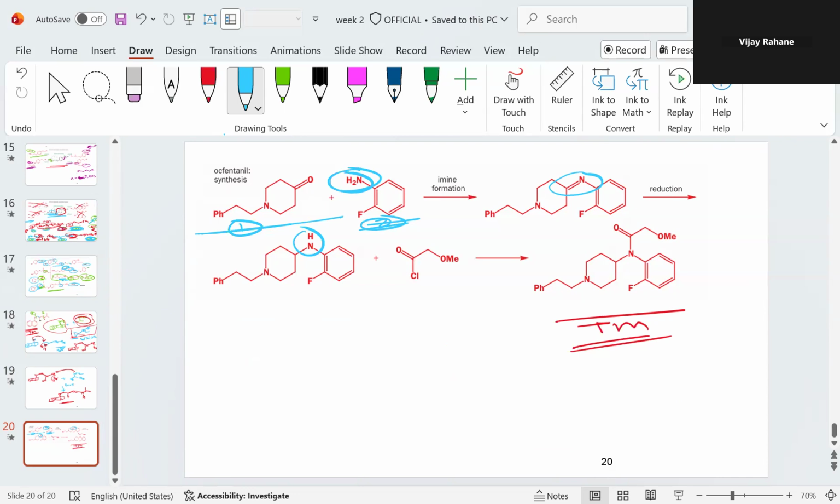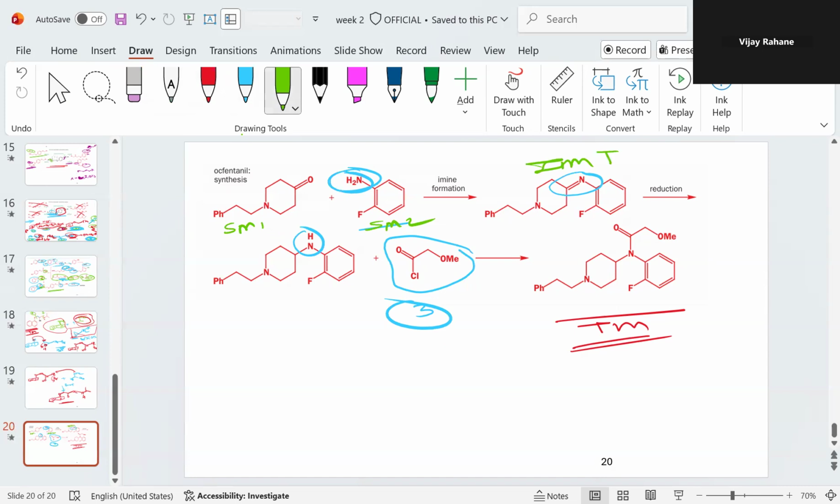Now if you look here, this was the first starting material, this is starting material one, and this is SM2. This is intermediate one.